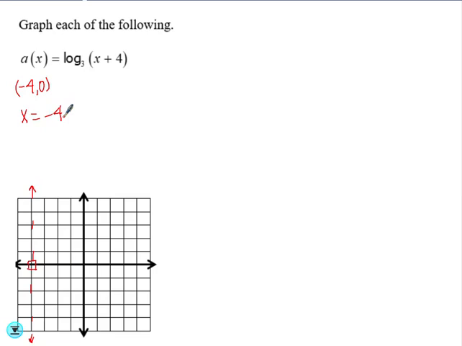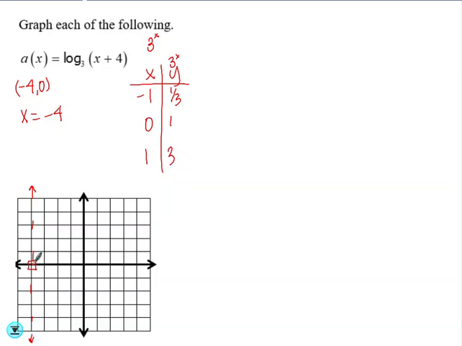And when we go to graph this function, I think it's helpful to think about the function 3 to the x, because that would be the inverse function since we have log base 3. So if I make a little t-chart and think about 3 to the x, to find the points for log base 3 of x, I would want to switch the x and y values.